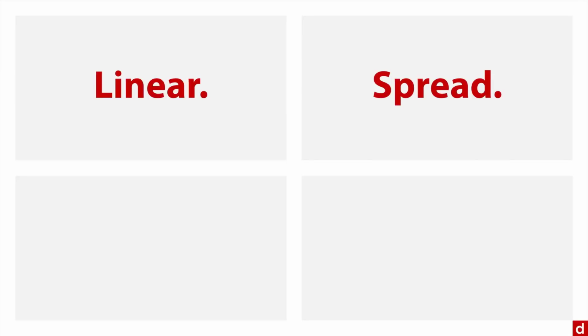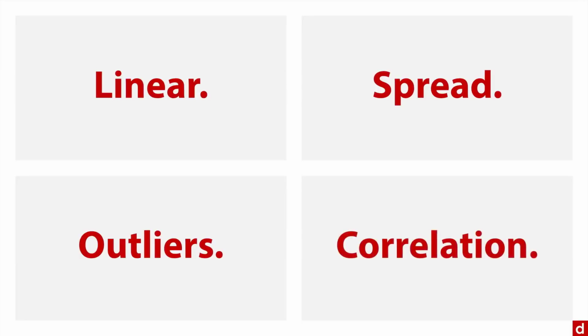That's called heterogeneity of variance, and it can cause problems with certain procedures. You want to look for outliers, either univariate, that's a score that's unusual on a single variable by itself, or in this case, what's even more significant is bivariate, where you have an unusual combination of scores. And then finally, you want to try to get some idea for the correlation or the strength of the association between the two variables.